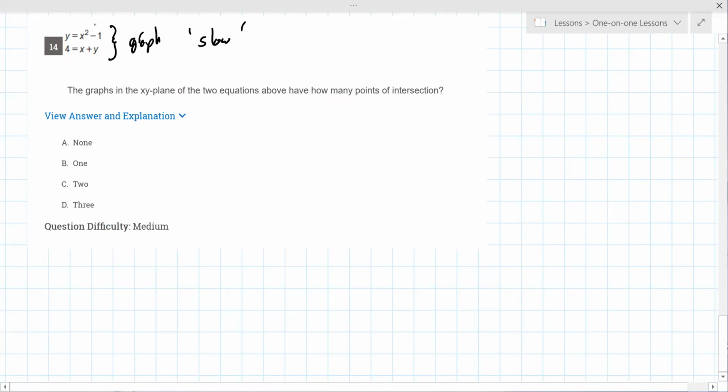So do you have any idea what this first graph looks like? Parabola, right? Something like that. Those 3 points happen at -1, 1, and -1 down there. How about this one? X plus y equals 4. Straight line. Because of the way it's written, if x is 0, y is 4. If y is 0, x is 4.